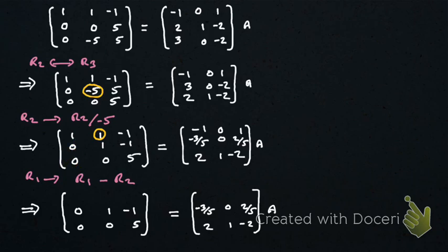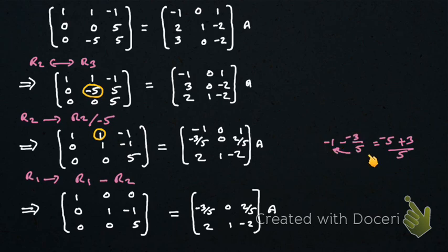So how would you do that? R1 minus R2. 1 minus 0 is 1. 1 minus 1 is 0. Minus 1 minus minus 1 is 0 there. Here, this is fraction subtraction. Minus 1 minus minus 3 by 5. I don't want to do that in my head and get it wrong. So I'm going to do it on the side. So let's see. Minus 1 minus minus 3 by 5.